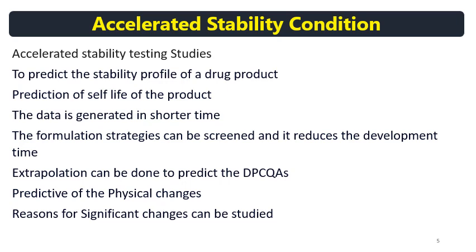And by the data from accelerated stability condition, the data for intermediate condition and long-term condition can be predicted or extrapolated. That's why this condition reduces the development time. Extrapolation can be done to predict the drug product CQAs like assay, dissolution, water content, then impurity profile, and any degradation type of impurity.